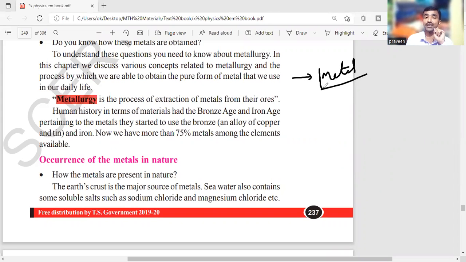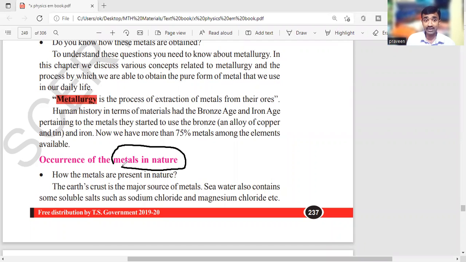They are called minerals, right? So we need to know about this. Simply, in the occurrence of metals in nature, they are not available directly as metals, they are available in the form of minerals.